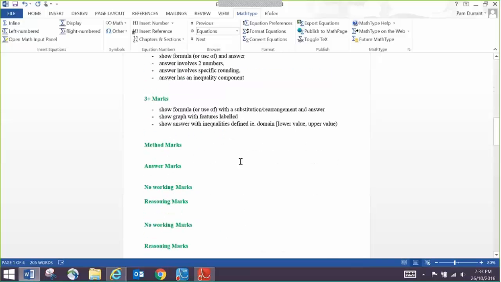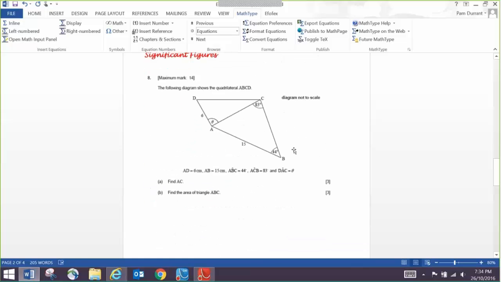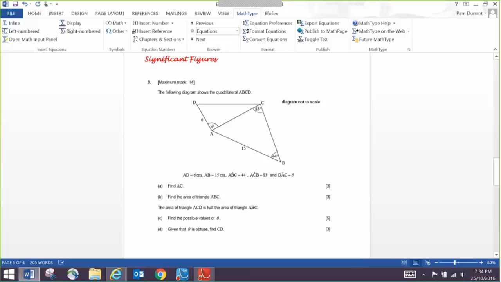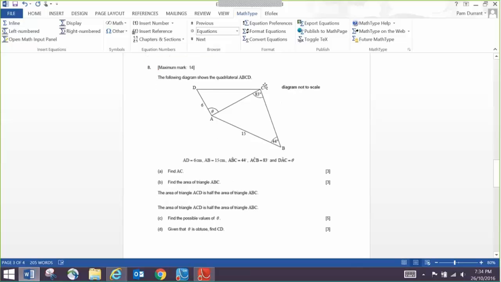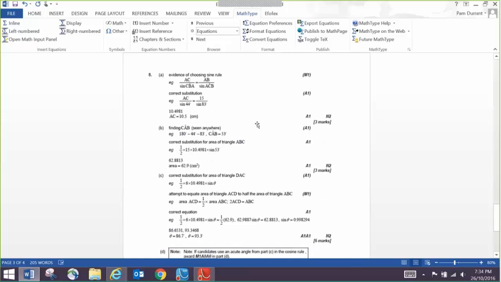Some little things there about examiner markings, but I did want to just highlight a significant figures problem. This was from a standard level paper a couple of years ago, and it's a standard level question in that it's all about the application of trigonometry. If you go through the mark scheme associated with it, the first part you get an answer of 10.5 to 3 significant figures.